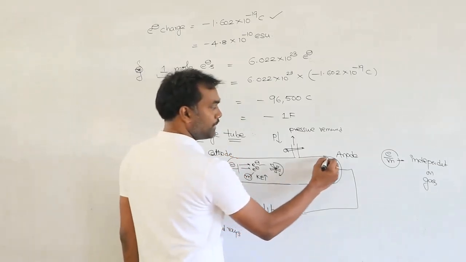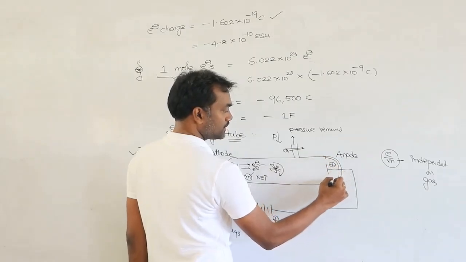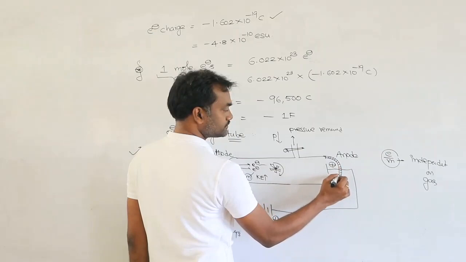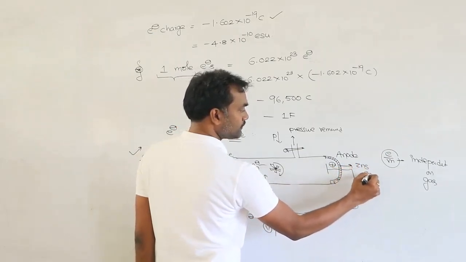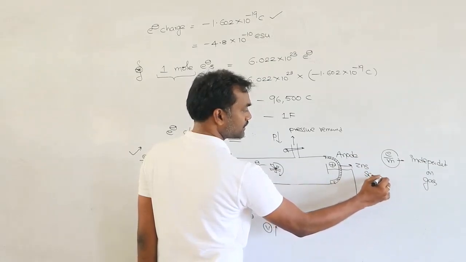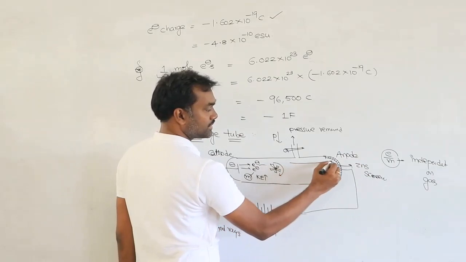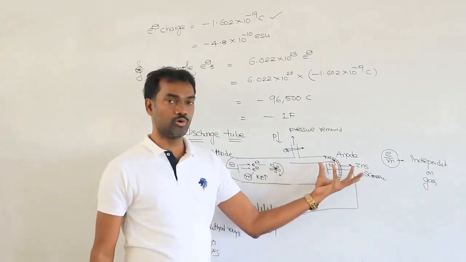Next, the back side of the anode is coated with a zinc sulfide screen. If an electron comes straight and touches this zinc sulfide screen, it will glow.